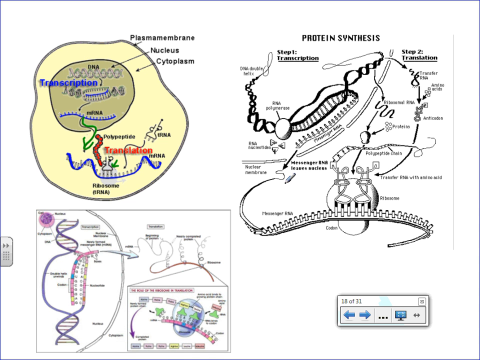So for instance, where do they occur? Transcription occurs in the nucleus, translation occurs in the cytoplasm. You should know that they have different things involved. How are they in common?